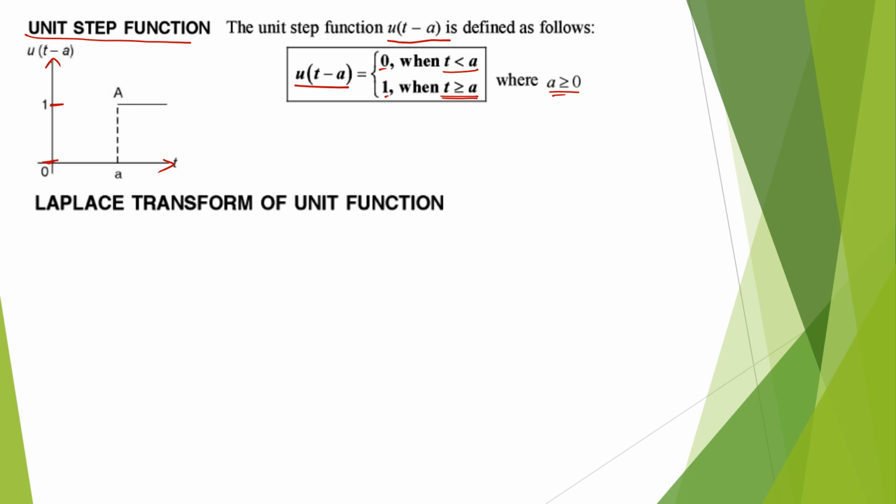The function value is 0 when t is less than a. As time t approaches and exceeds a, it will be at 1. So this is called the unit step function.